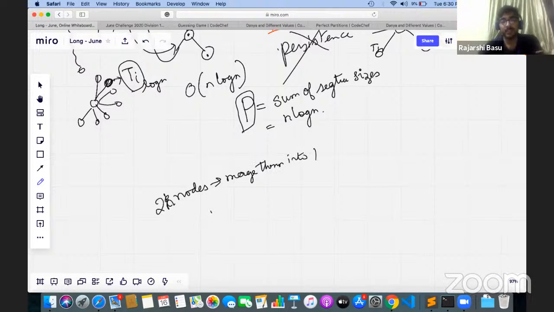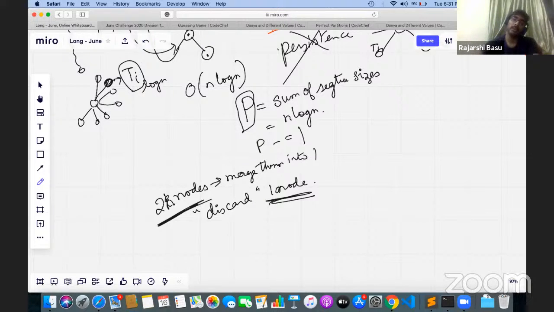So you effectively discard one node. Make sense? So for every two nodes that you travel, you discard one node. So your P decreases by 1, right? Now how much can P decrease?